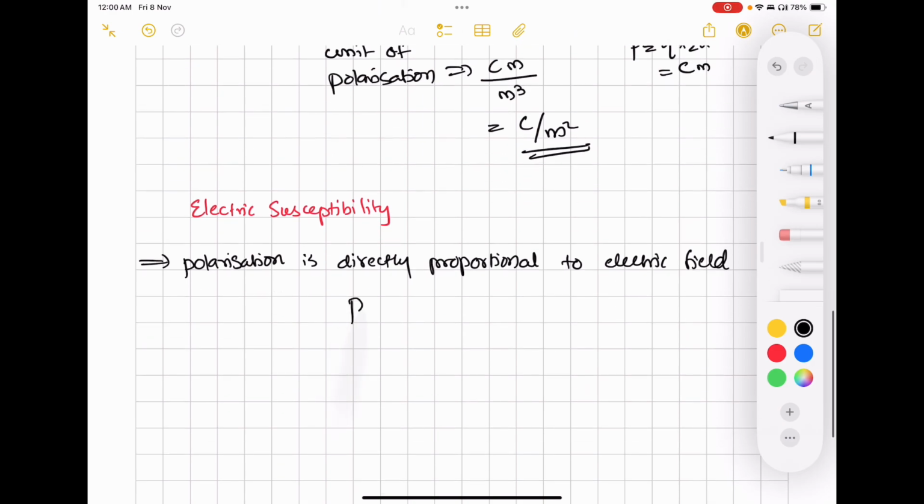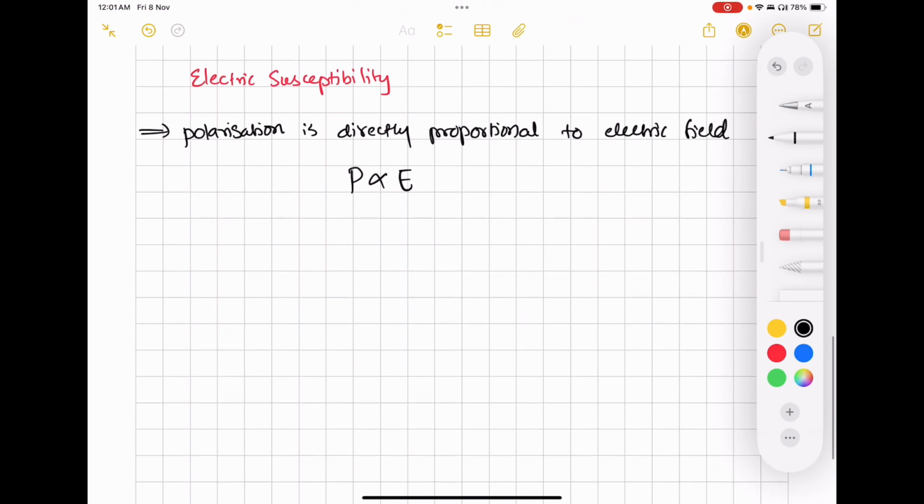So we can write the polarization capital P is proportional to electric field. To remove this proportionality, we can use a constant. That constant is called chi. P is equal to chi E, and this constant is called electric susceptibility.